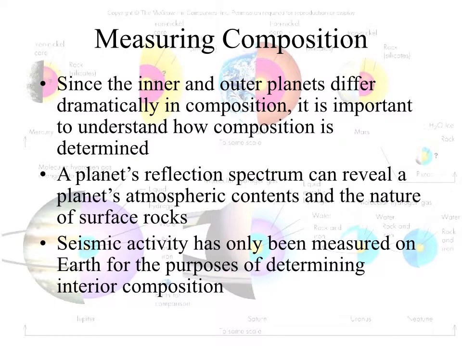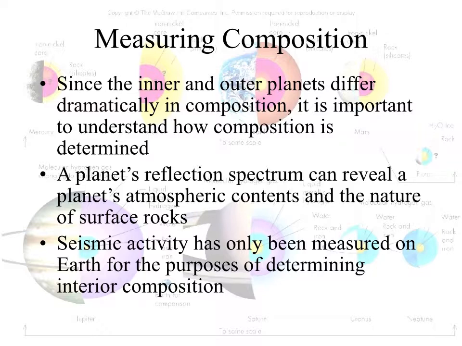Finally, the other thing that we want to look at is measuring composition. Since the inner and outer planets differ dramatically in composition, it is important to understand how the compositions are determined. A planet's reflection spectrum can reveal the planet's atmosphere content and the nature of the surface rock.